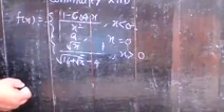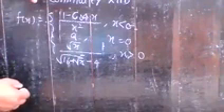Okay, here you have a function. Determine the value of a so that f(x) is continuous at x equal to 0. Means here you have to find the value of a for which the function is continuous.